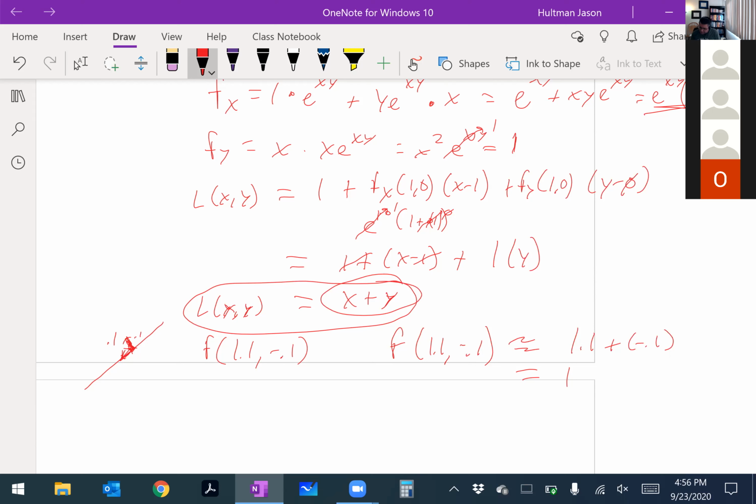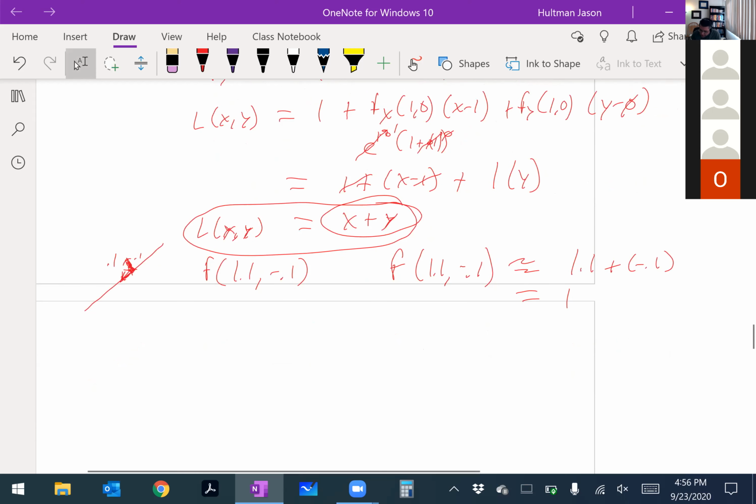As we move further and further away, let's compare this to the actual value of the function. Again, you have to think in terms of a surface here.